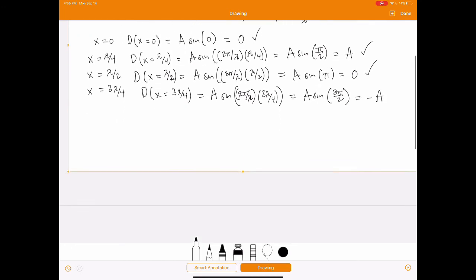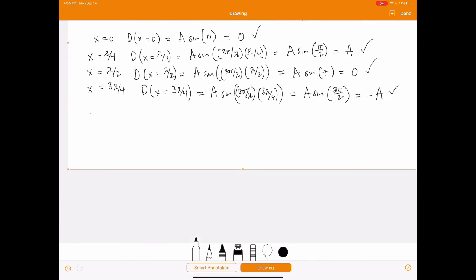So that works. And then finally, if we say x is equal to lambda, so we go a full wavelength, the displacement at x equals lambda should be A times sine. k is 2 pi divided by lambda, and now I'm just plugging in lambda right there for x.